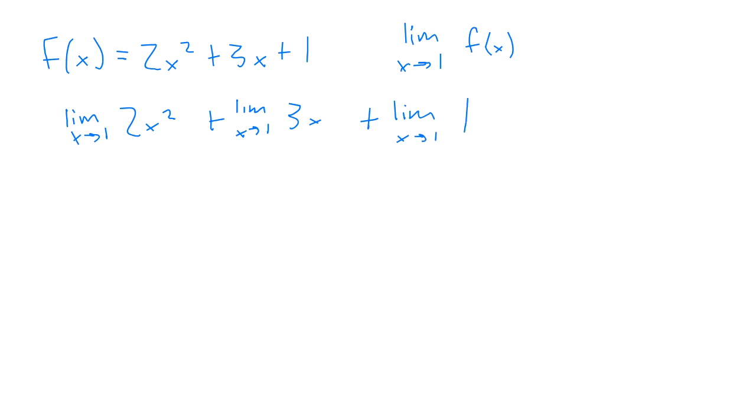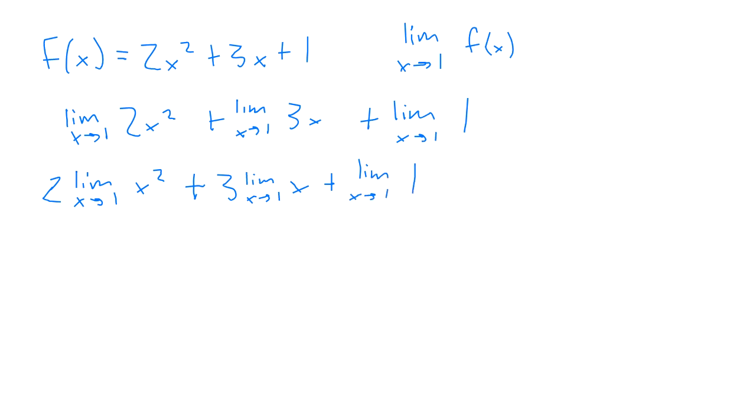We can take this a little further and pull these constants out. We can use our constant multiplier and say we have 2 times the limit as x approaches 1 of x squared plus 3 times the limit as x approaches 1 of x plus the limit as x approaches 1 of 1.